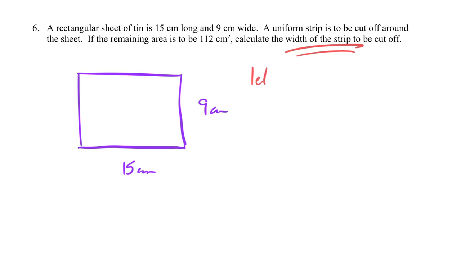Now, you could write a let statement, let x represent the width of the strip, but because it's a measurement problem, let's just label it on the diagram. So, when I go to cut off something, that's me in my mind trying to draw what looks like uniform. If I'm going to let x represent the width of the strip, then this width right there is x.